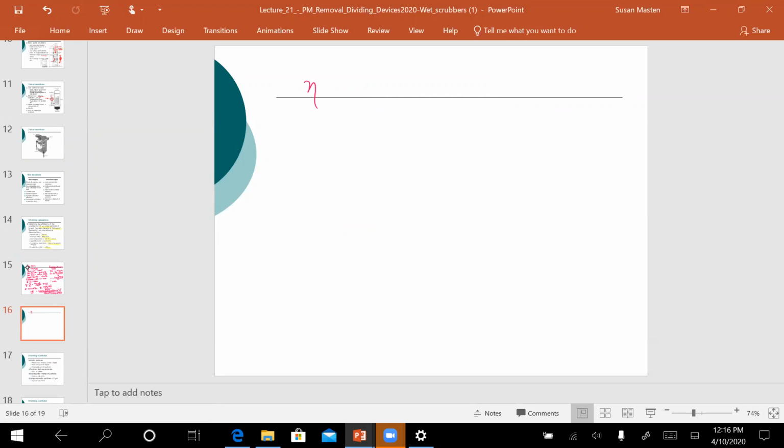The efficiency then is equal to 1 minus e to the minus kappa, so the correlation coefficient, times r times the square root of the inertial impact.